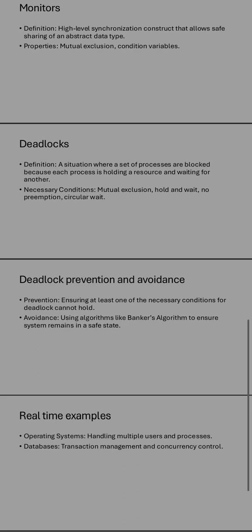The other one is also holding a resource and waiting for the other one. Both are not ready to give up and they want to do the execution right now. There the deadlock occurs. The necessary conditions for this are mutual exclusion, hold and wait, no preemption and circular wait.